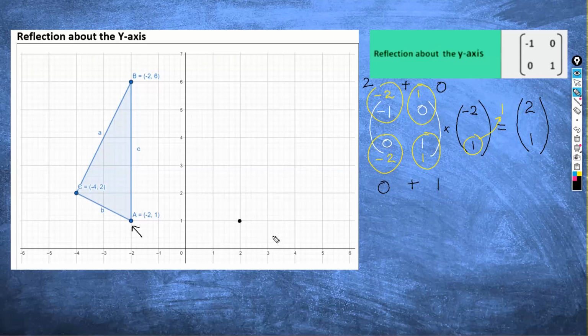2, 1. All right. Now, I'm not going to make you do all the points, it would just get too repetitive. So what you have to do afterwards, I'm just giving you the procedure. You would have to take the same matrix now and then multiply it by point B. And point B is how much? -2, 6.